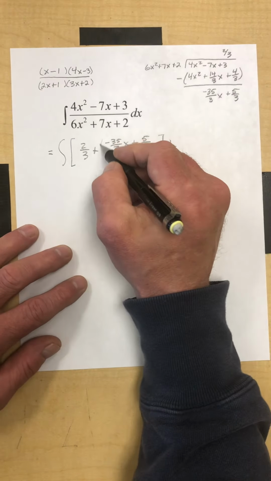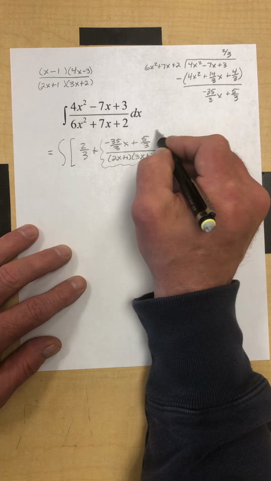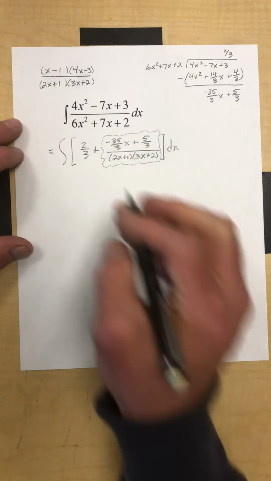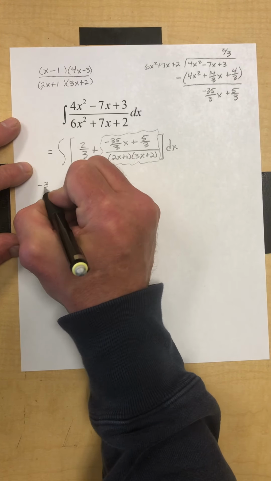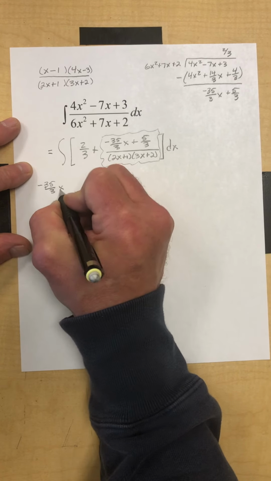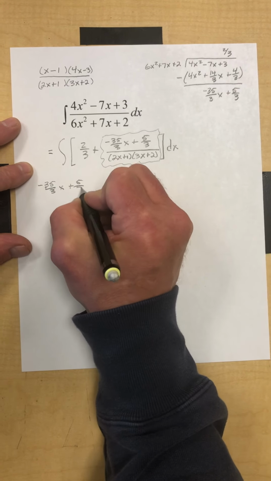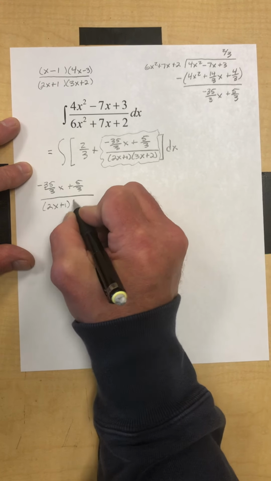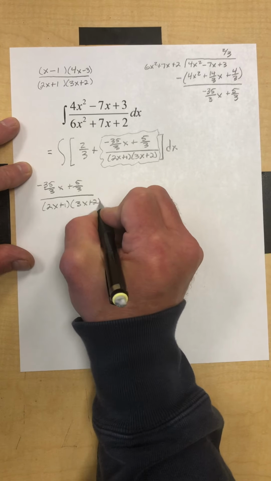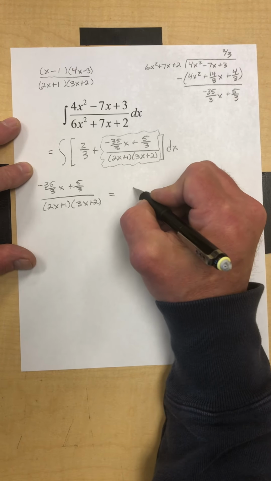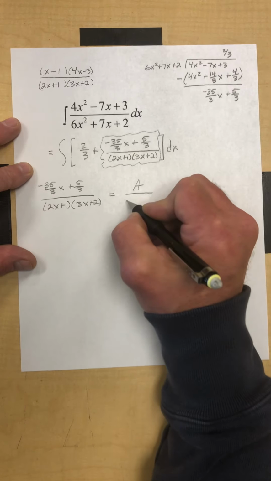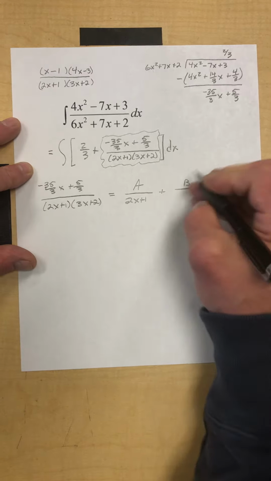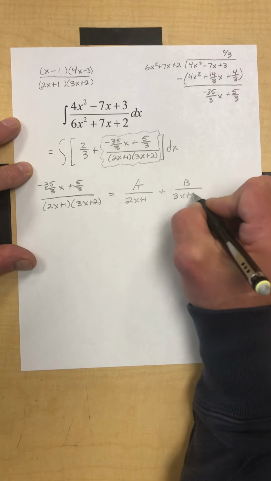This is the part I have to deal with using partial fractions. So we have negative 35/3 x plus 5/3 all over 2x plus 1 times 3x plus 2. When we break it down, it will be some constant over 2x plus 1 plus some constant over 3x plus 2.